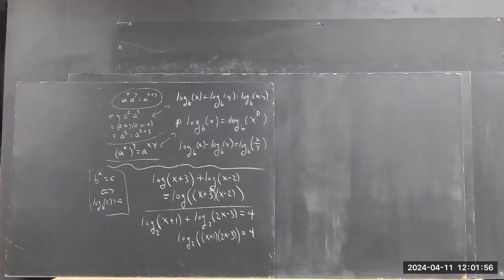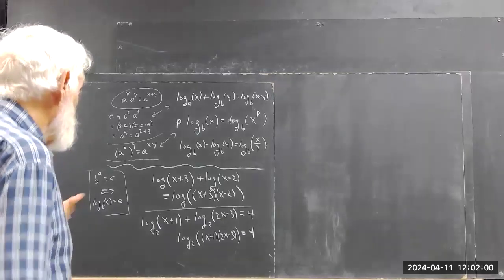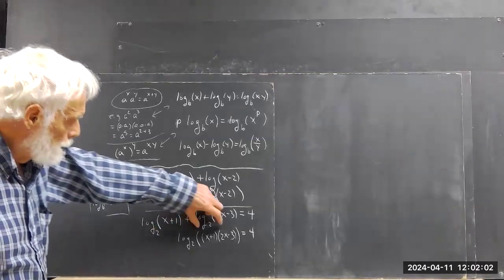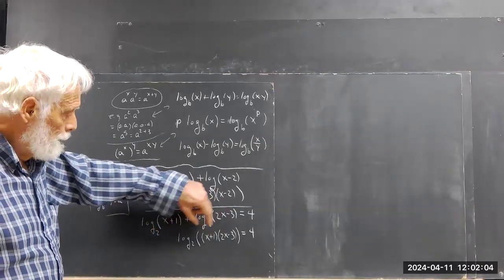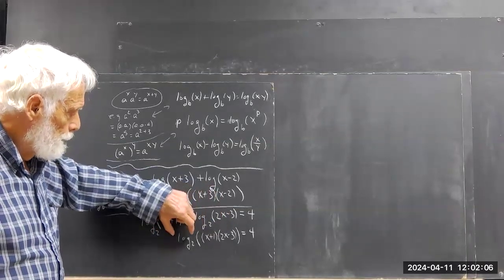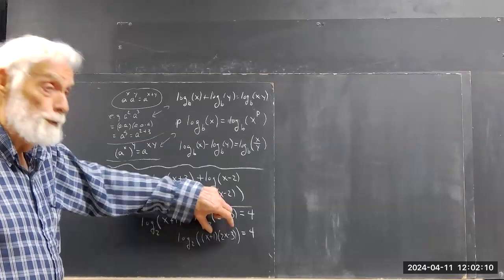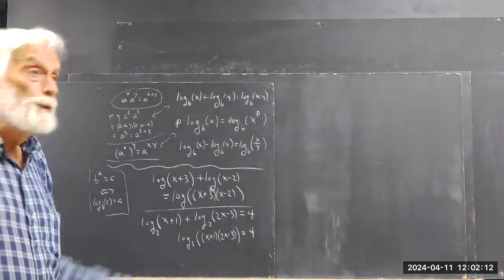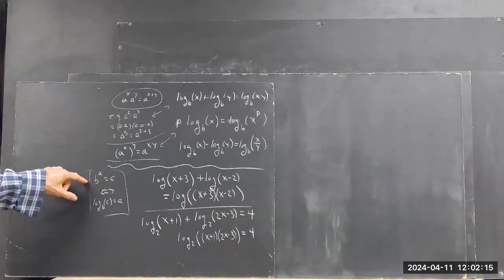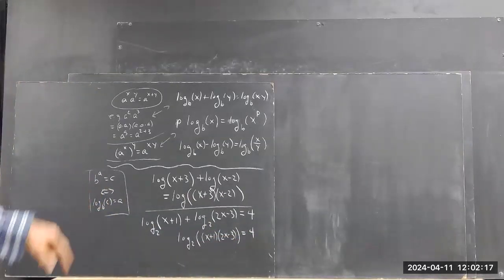So can you convert this to exponential form? We'll have to convert it to exponential form in order to get to x, because x is all bound up in an expression within the log base 2. And you can't get to it that way. You can get to it if you reverse the forms. Take a minute, see if you can write that out.